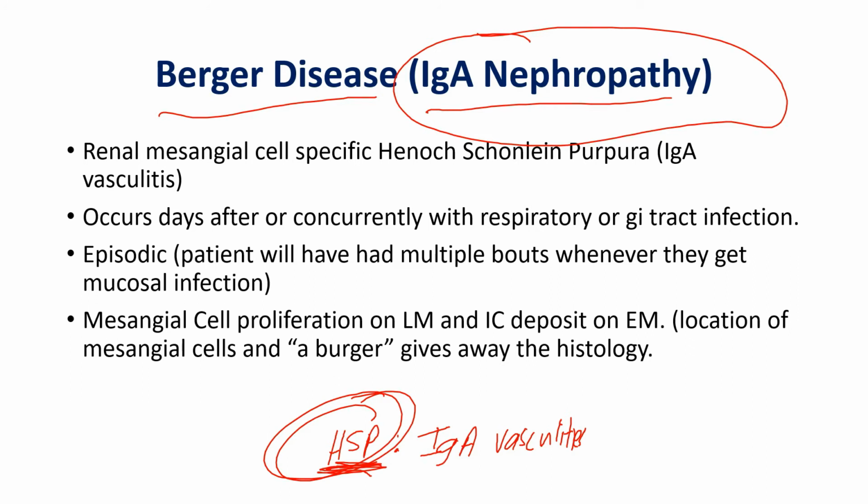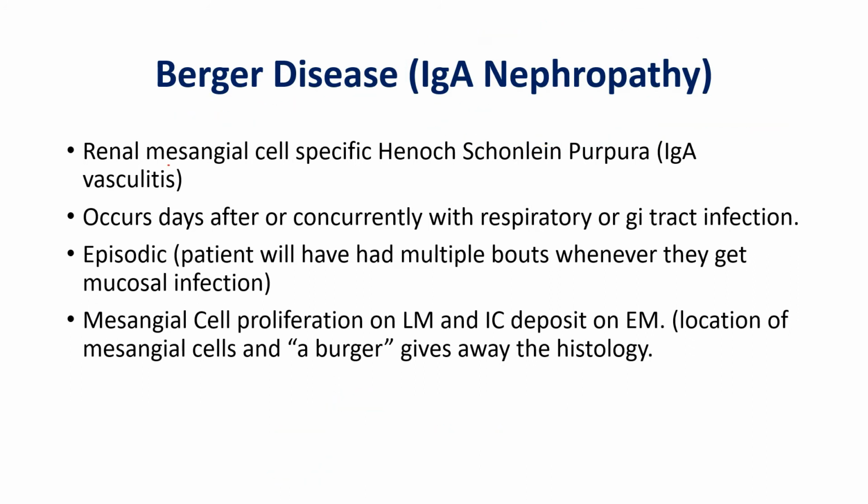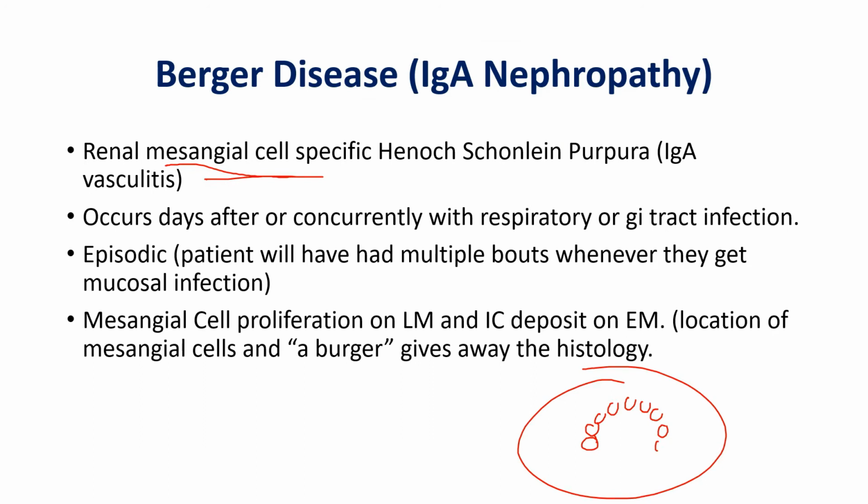Now, it says here, let me clear this, that it's renal mesangial cell specific. We need to know what a mesangial cell is. In the kidney, in the glomerulus, you have various cells that are present more in the middle. I know I'm simplifying this a lot, but I don't want to go into too much detail.